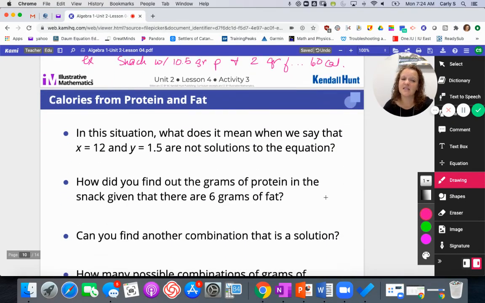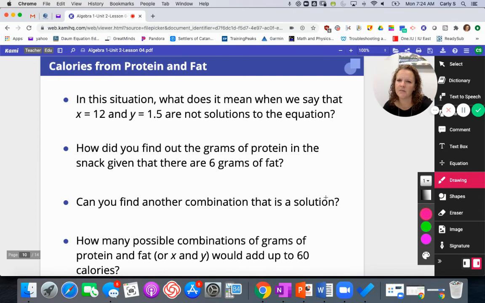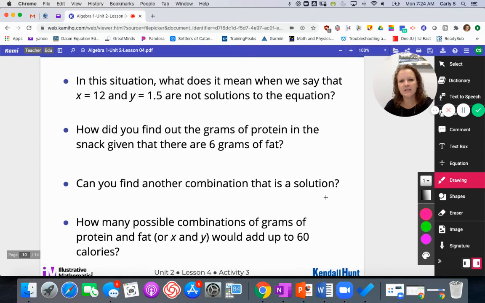Okay, let's just summarize. We always do a little summary at the end. In this situation, what does it mean when we say that x equals 12 and y equals 15 are not solutions to the equation? I would say P and F. I think that's a typo. What does it mean when we say that they are not solutions?